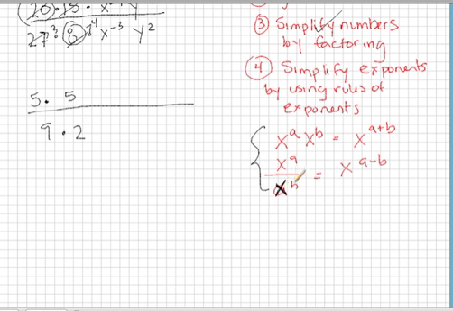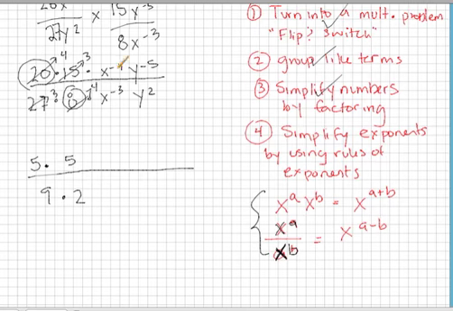Okay, so if I have, again, x to the a divided by x to the b instead of x to the a times x to the b, what I can do is group them on the same base and separate the exponents by subtraction. So division goes to subtraction, multiplication goes to addition, division goes to subtraction. It looks like I actually have two division problems here.